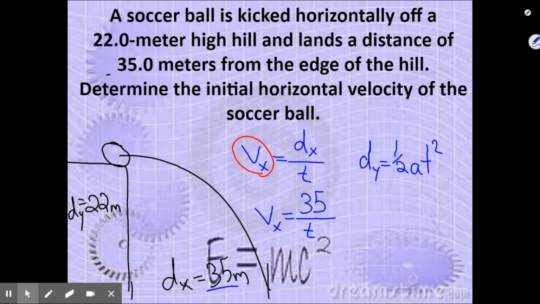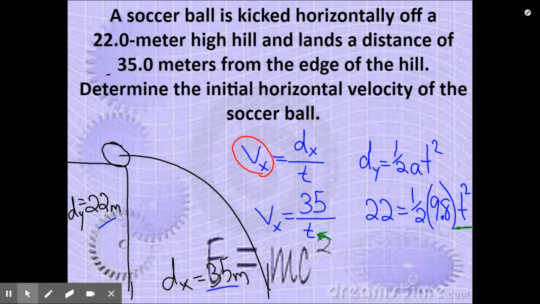We don't know t yet. We know dy is 22. So we've got 22 equals 1/2 times 9.8 t squared. So if we look at these two side by side, what I need to solve for first is time here. Then I can plug it right back in there and solve for my vx.